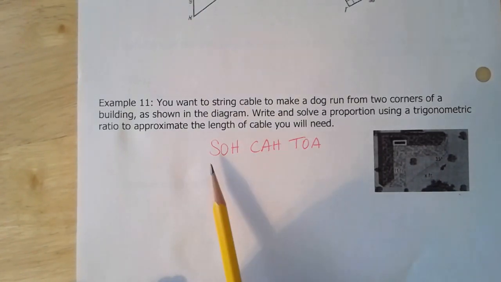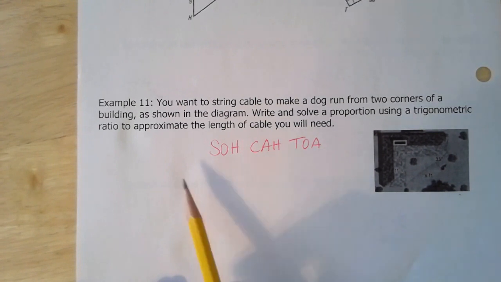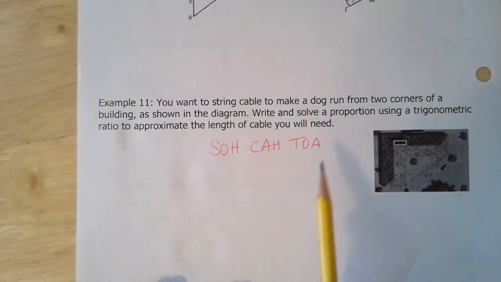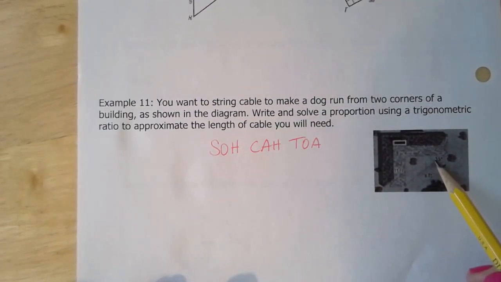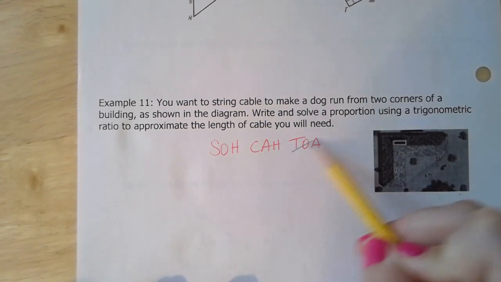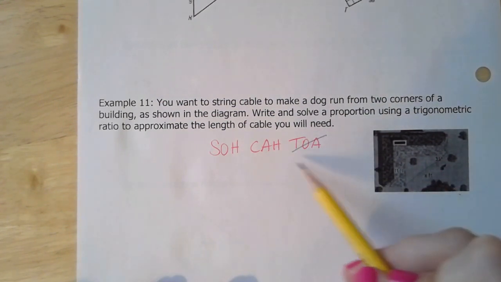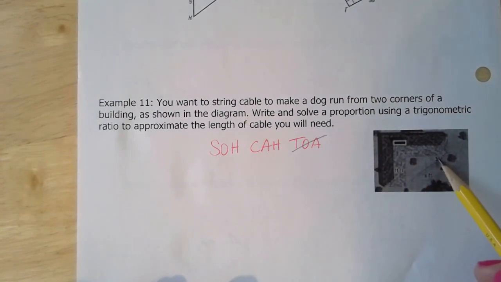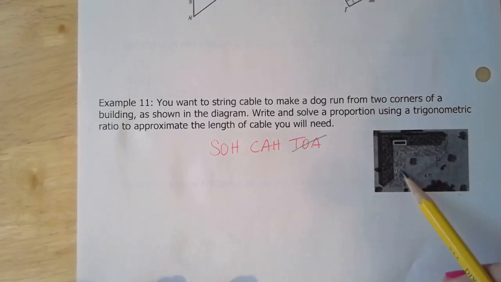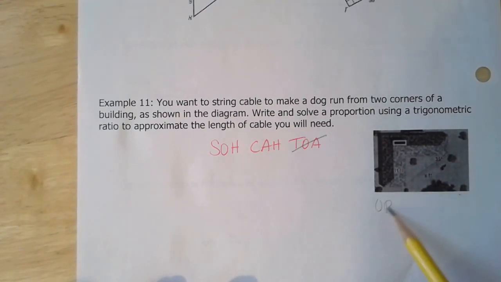This is our SOHCAHTOA. This is something I like to write every single time I'm doing a trig function. It's something we should memorize. So you know once you figure out what you have. From my angle, I have that this is a hypotenuse. So that takes tangent out of the picture because it doesn't have hypotenuse anywhere in it. Then from 35, I have an 11, which is across from it, which is opposite. So I have opposite and I have a hypotenuse.